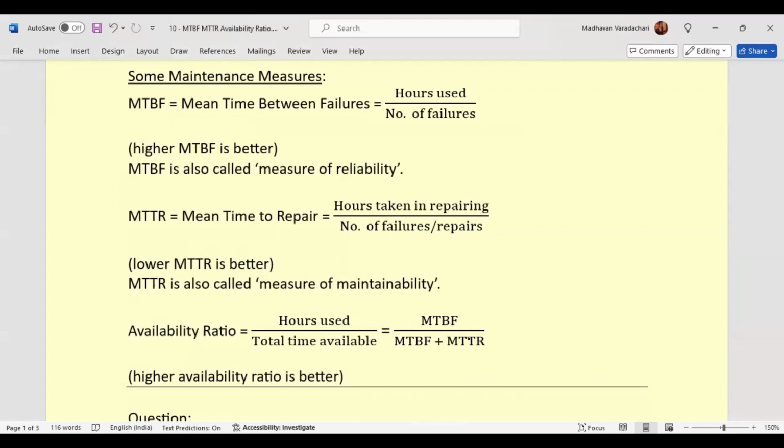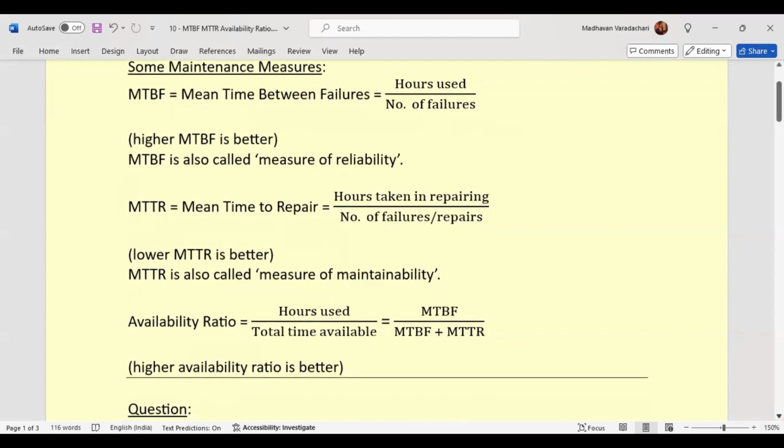If I substitute the formula for these two, number of failures will be there both in numerator and denominator, which will cancel. And then you will arrive at the same result. So higher availability ratio is always considered to be better.